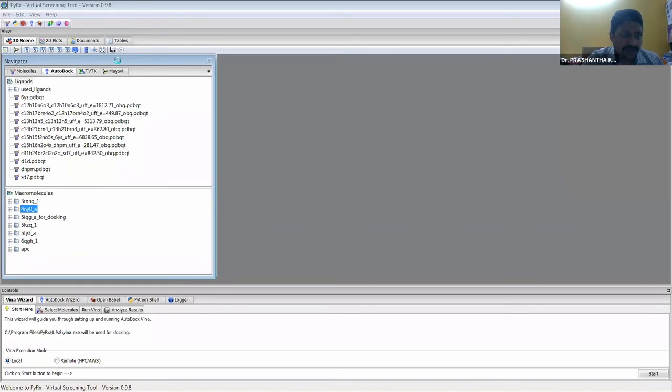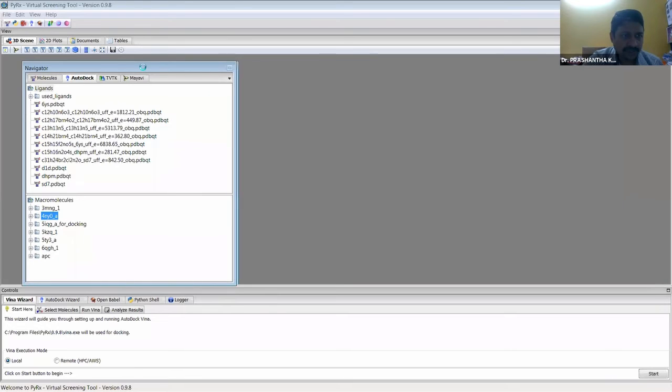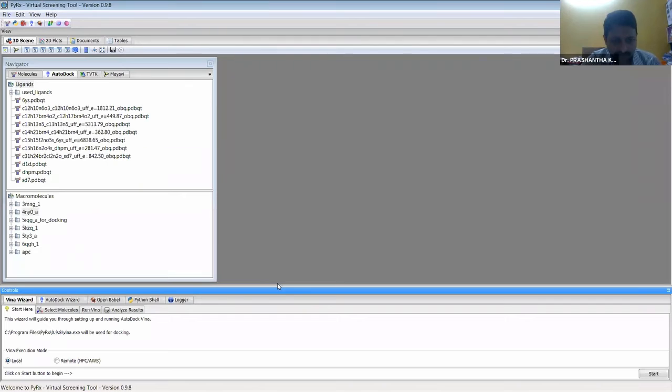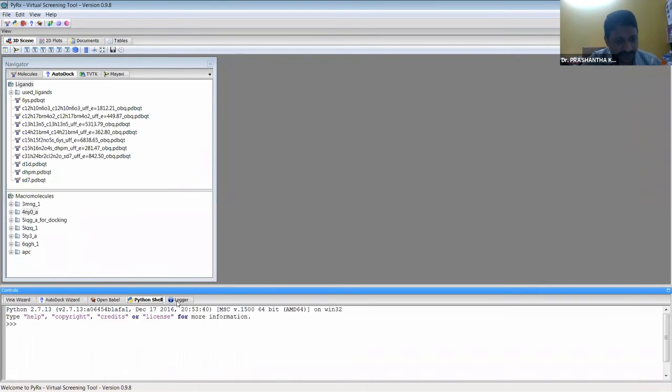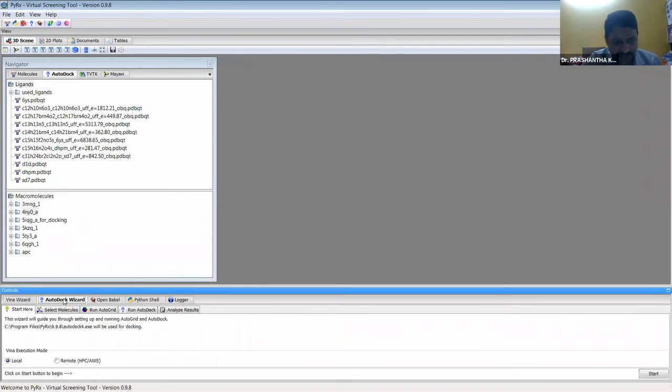Now, once you have this, if you look at the bottom right, we have Vina Wizard, AutoDock Wizard, Open Babel, Python Shell, and Logger. There are two wizards. One is called Vina Wizard and another one is called AutoDock Wizard.